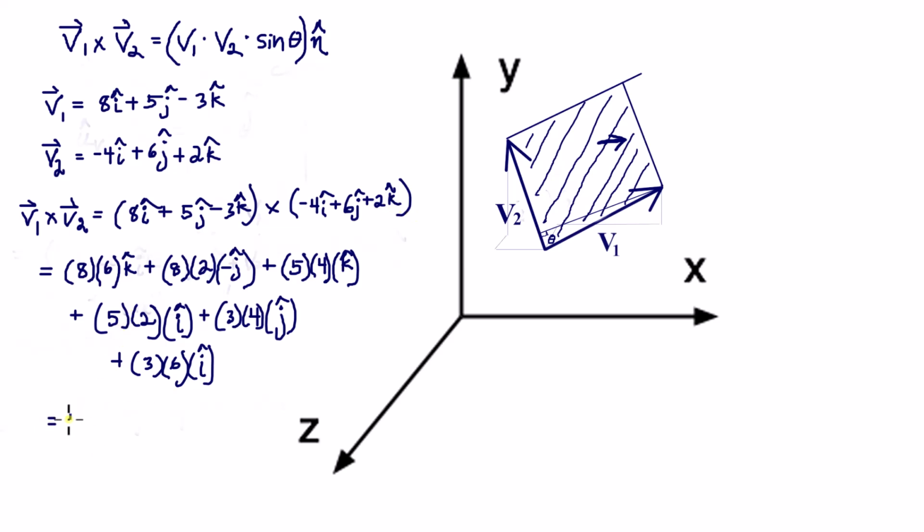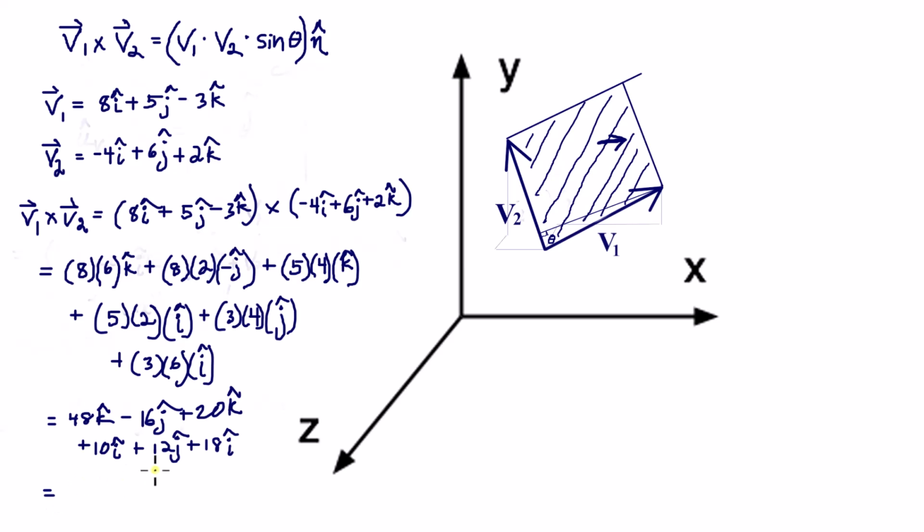We've got 48 k hat minus 16 j hat plus 20 k hat plus 10 i hat plus 12 j hat plus 18 i hat.